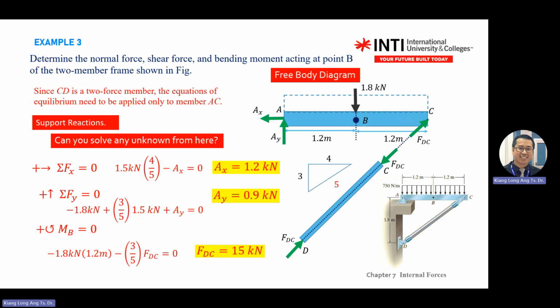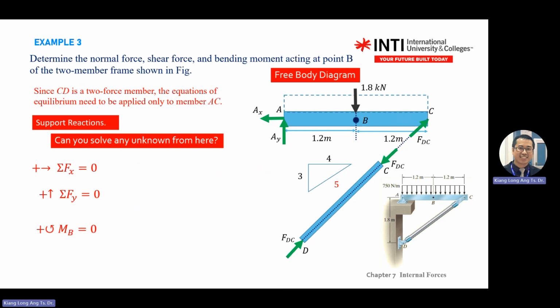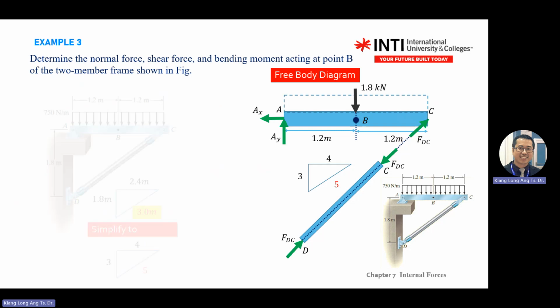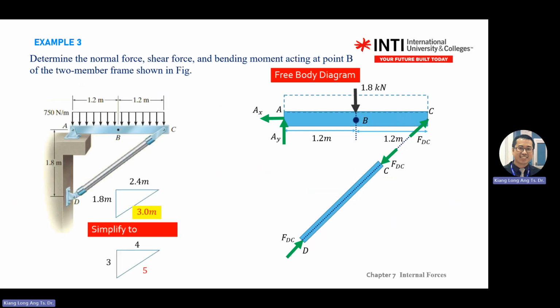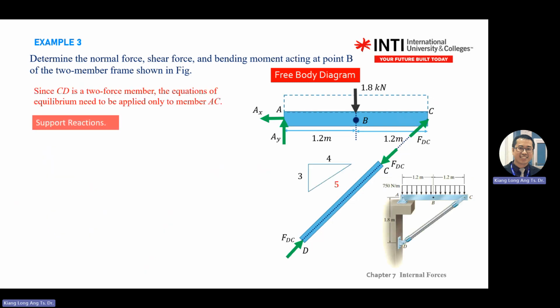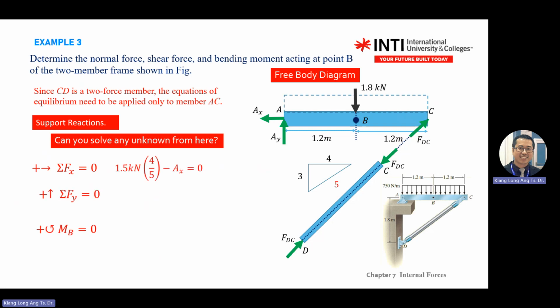This one? 1.5 is... It should be 1.8, I think. Wait.